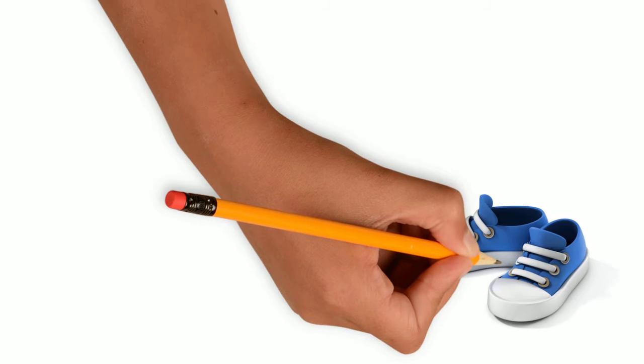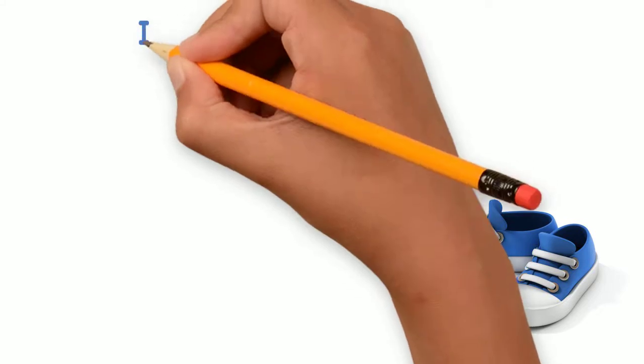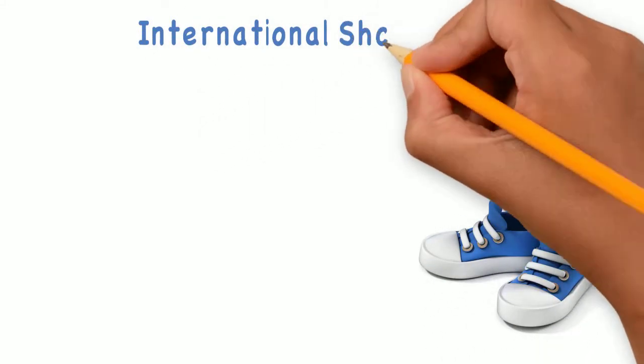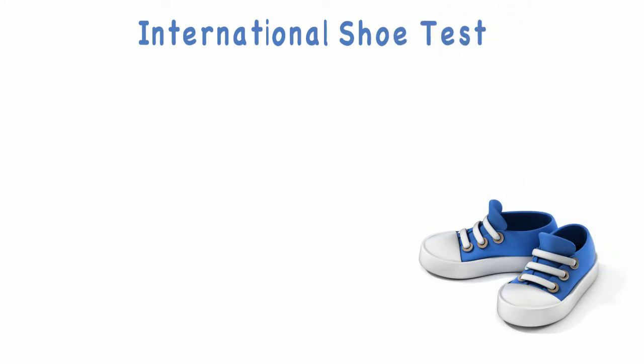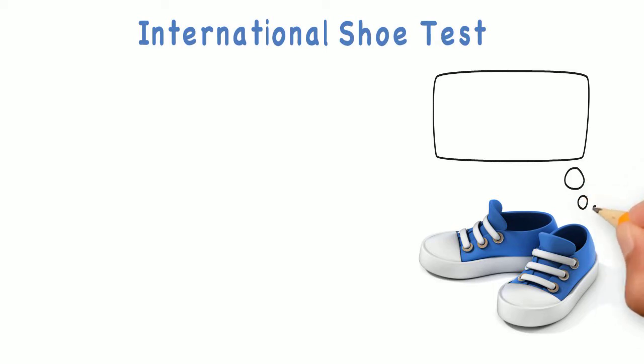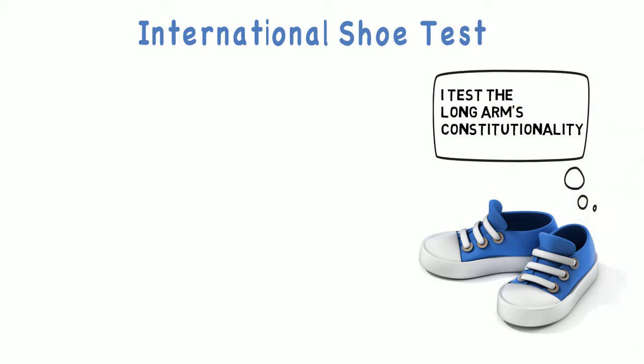Step 3. Once you've spotted the issue of the long-arm statute, now you have to apply what's called the International Shoe Test. The elements of the International Shoe Test are the Supreme Court's way of giving us guidance on how to argue or determine whether a long-arm statute meets the Due Process Clause of the 14th Amendment's standard of being fair and reasonable.